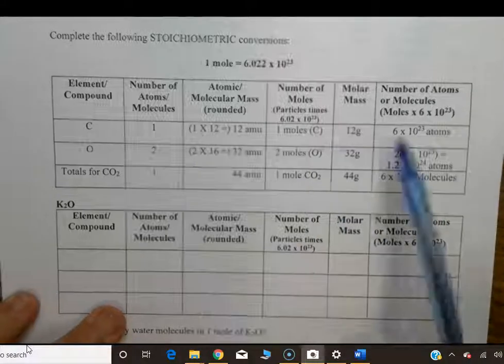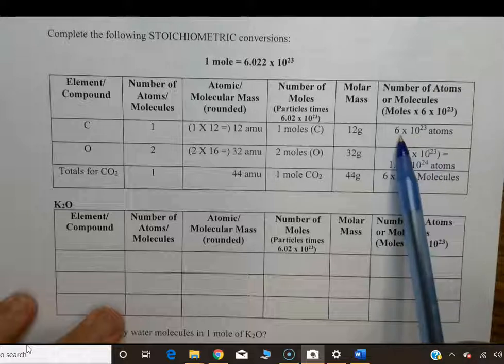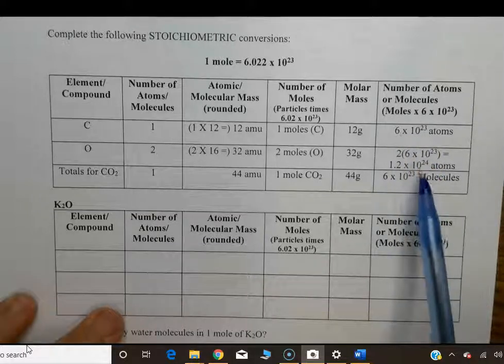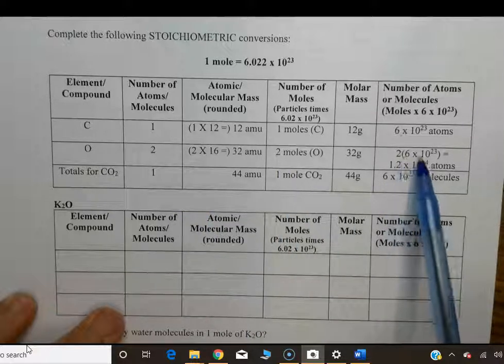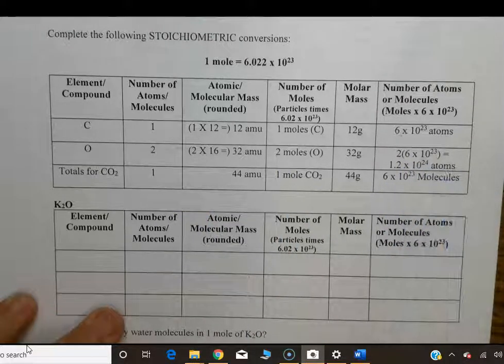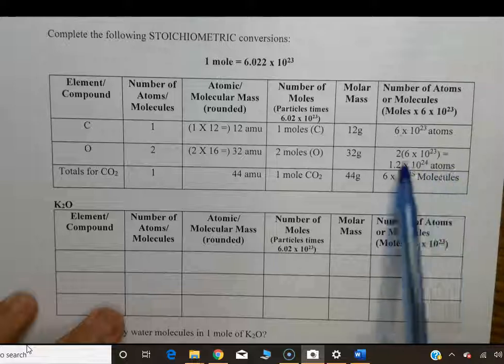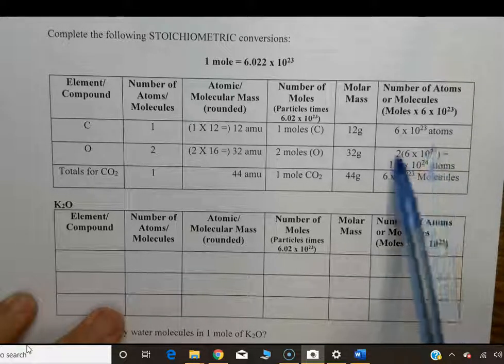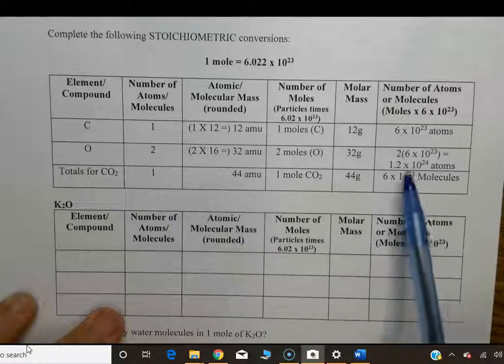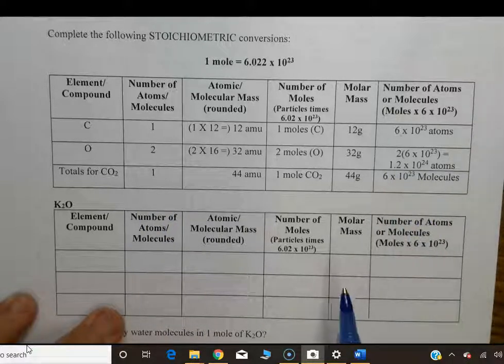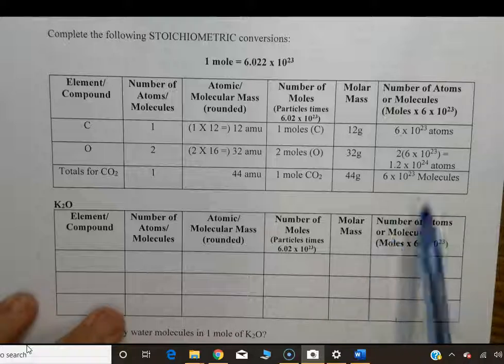So if I have 1 mole of carbon, that's 6.022 times 10 to the 23rd. If I have 2 moles of oxygen, as I do here, then it's 2 times 6.022 times 10 to the 23rd. You don't really have to do the math right there. It's just so you understand the concept. And we end up with 1 mole of carbon dioxide, which is 6.022 times 10 to the 23rd molecules of carbon dioxide.